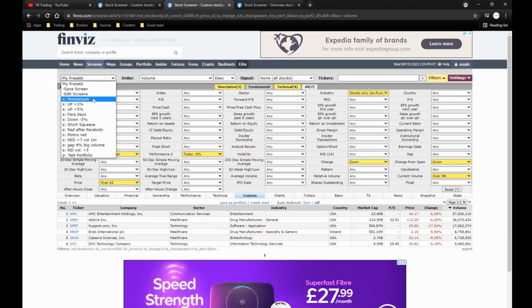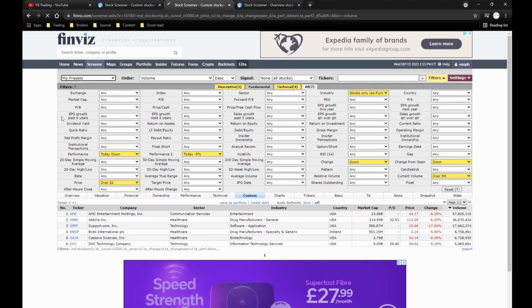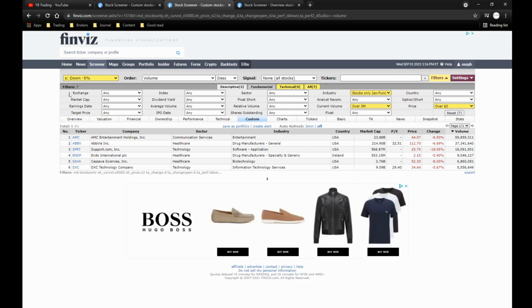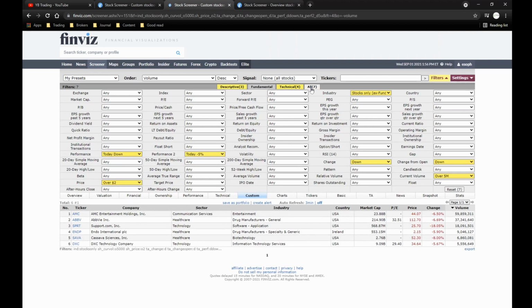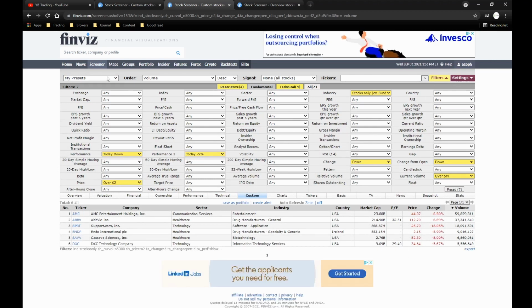The second scanner settings I'm going to talk about is down 5%. So let's get to the settings. Okay, so down 5%. We've got performance today down, price over 2, and performance today down 5%.